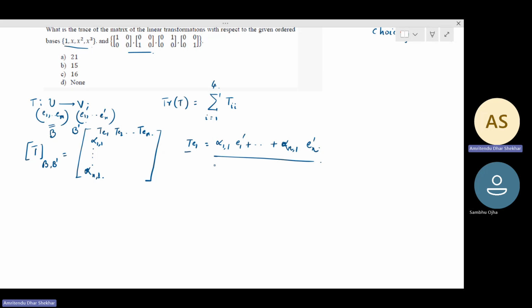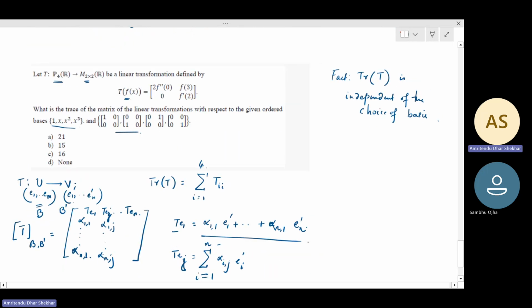In general, if TEj is of the form sum over alpha ij Ei prime, where i is from 1 to n, then you will fill that column for TEj with alpha 1j up to alpha nj.